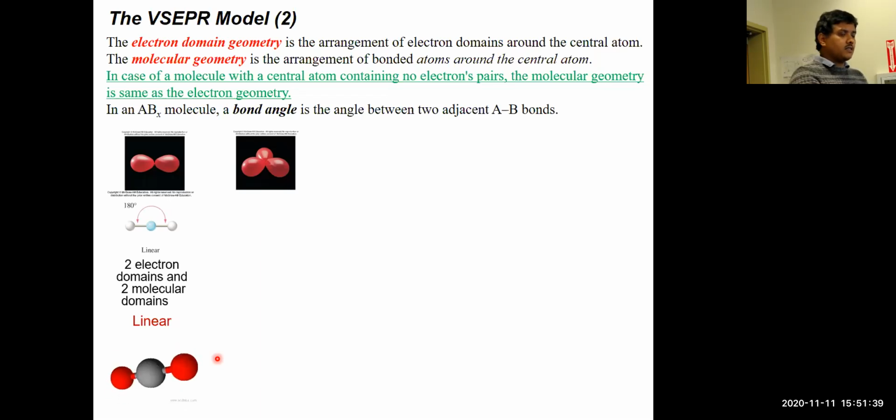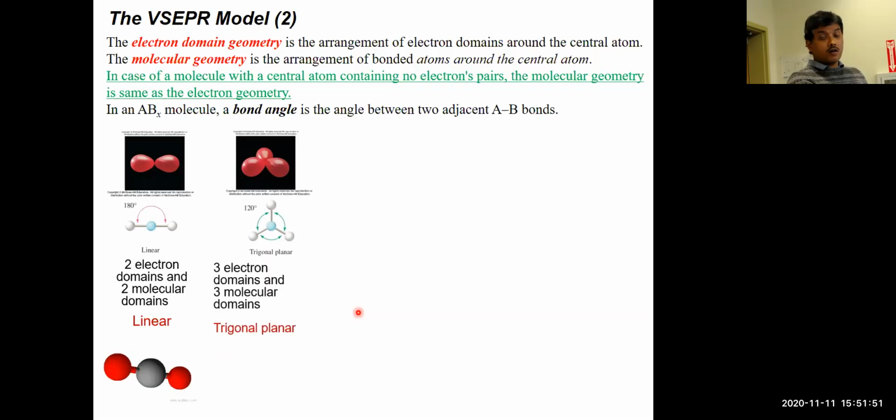So here is the case when your central atom is connected to 3 electron domains. And in this case, when you have the same number of electron domains and the same number of molecular domains, then the shape of the molecule is going to be trigonal planar.